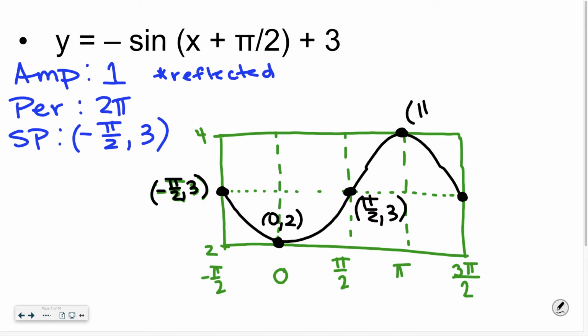This coordinate is at pi, 4. And this coordinate, 3 pi over 2, 3. Okay, look. So the height is 2, but then the x value is negative pi over 2. So this 2 is labeling like a y.